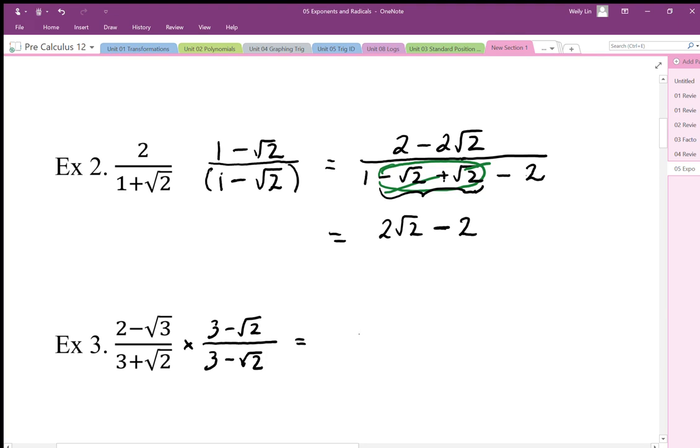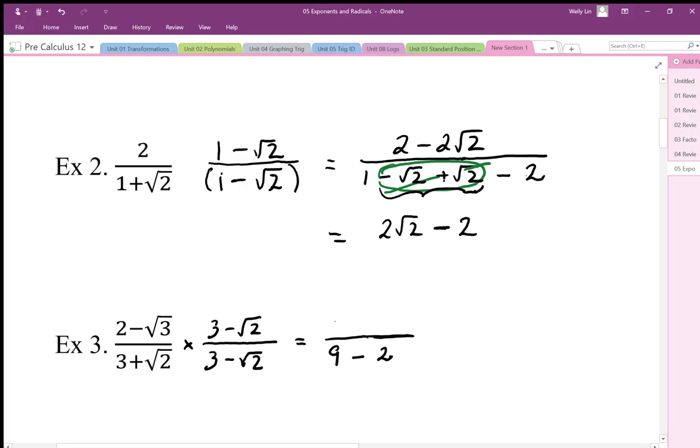So when we multiply out the bottom, we're going to end up with 3 times 3 is 9. We're not going to be worried about the two middle parts because we know they're always going to cancel out. It's going to be minus root 2 times root 2, which is 2. So we always get rid of that square root because we end up with square minus square. And this only works for square roots, not for cube roots.